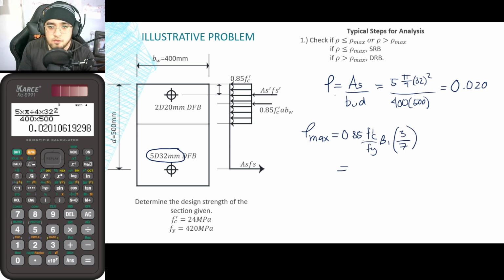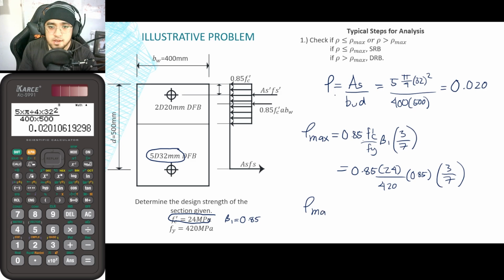So substituting known values, this is equal to 0.85 times f prime c of 24 divided by 420 times beta 1. Since our f prime c is equal to 24, beta 1 is equal to 0.85, so times 0.85 times 3 over 7.